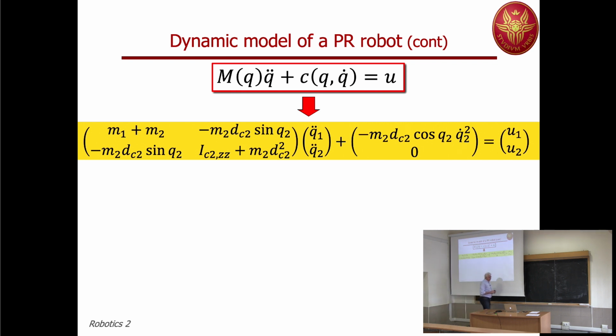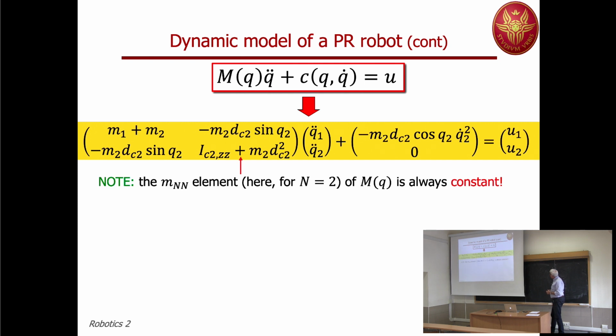non-conservative terms. Now, it is very interesting to make a number of observations on this model, which is the first multidimensional model that we are deriving with the Euler-Lagrange approach. First comment, note that the last element, in general the nn element on the diagonal of the inertia matrix, is always constant. Why?